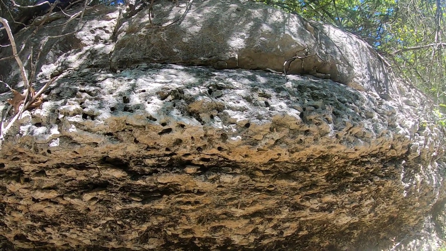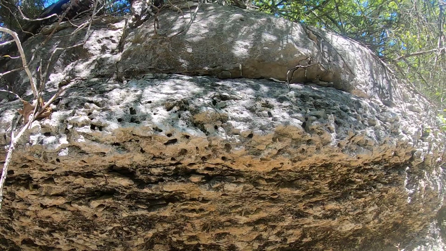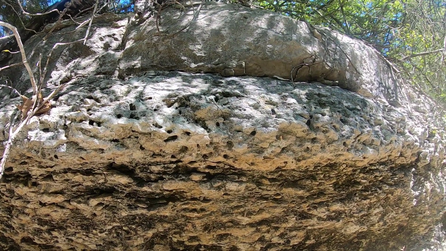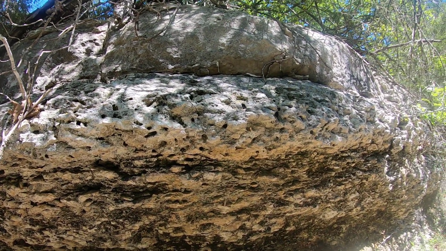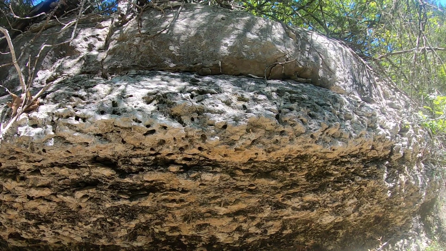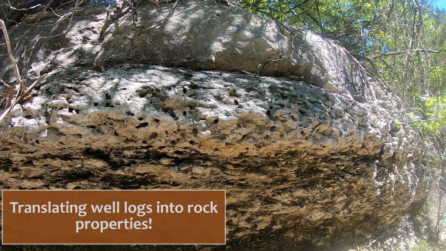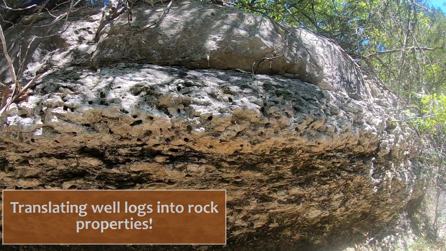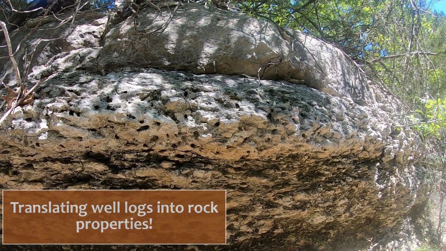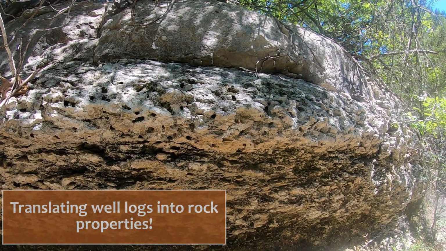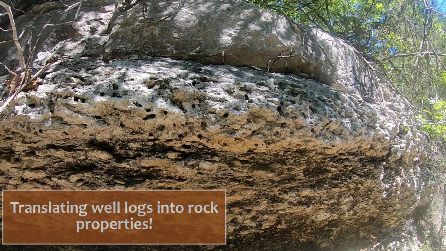So it's important to remember these conditions, because that's how we have to look at well logs. Those are the kinds of things that we have to imagine when we see well logs. Rock composition, rock variability, the opening or not opening of porosity, the presence or not presence of permeability.